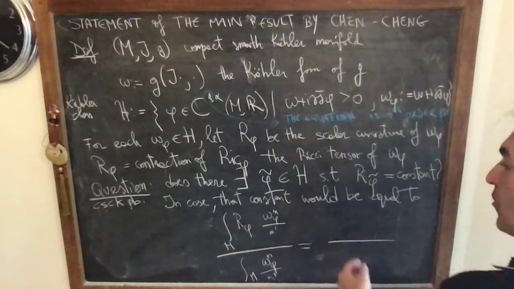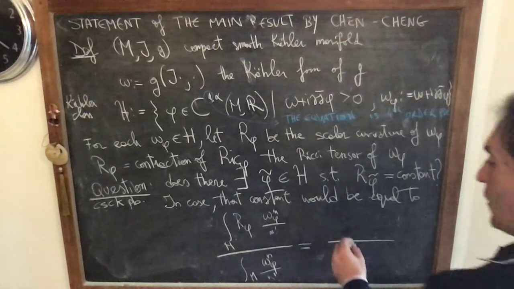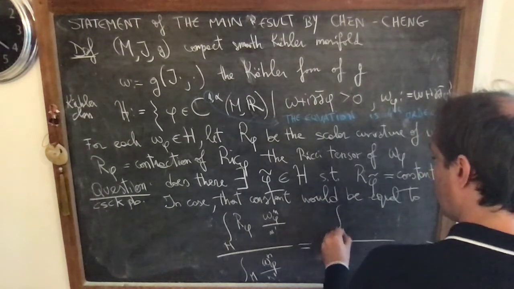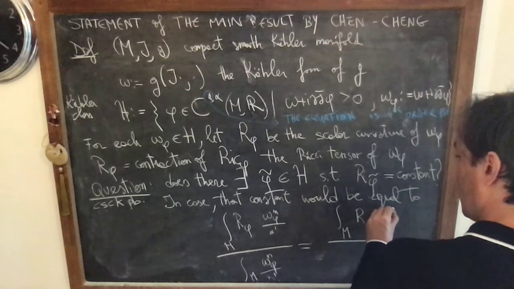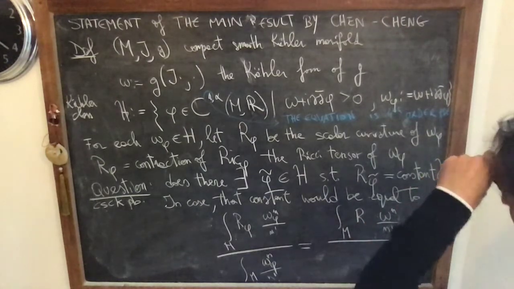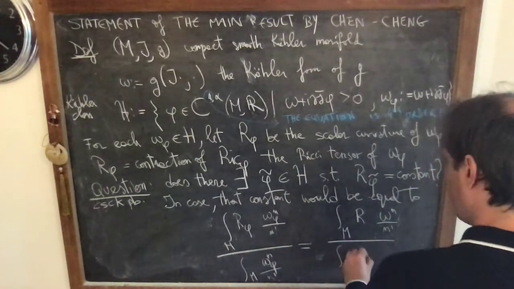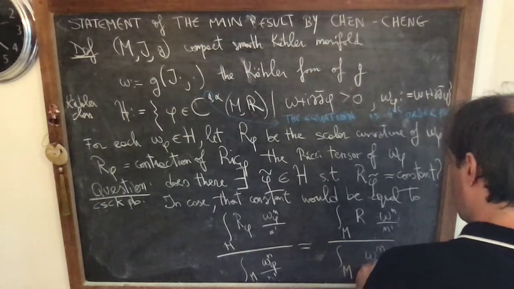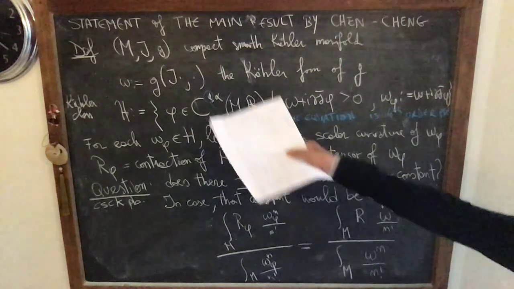Because of cohomologous arguments, which are very basic, the numerator of this fraction does not depend on phi, just as the denominator of this fraction. So these numbers are given by the initial data.